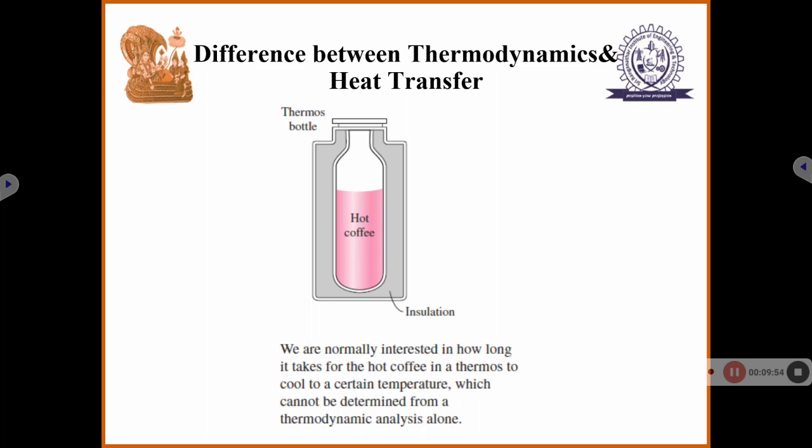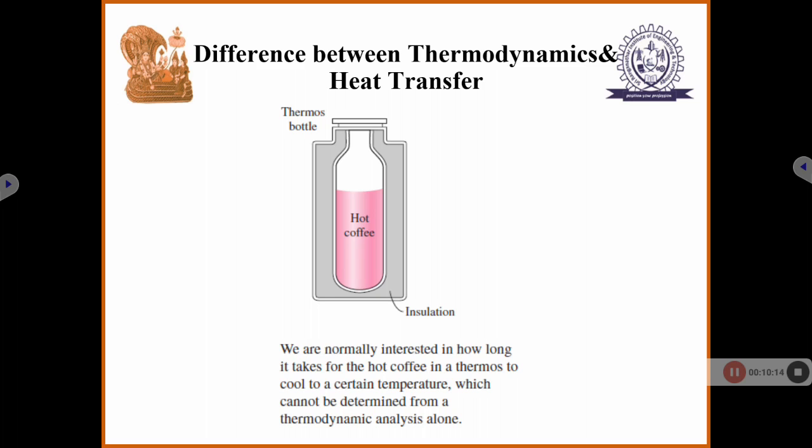But thermodynamics does not give any indication about the rate of heat transfer or how long that takes place. So by using thermodynamics, we can determine the amount of heat transfer, but not the rate of heat transfer.